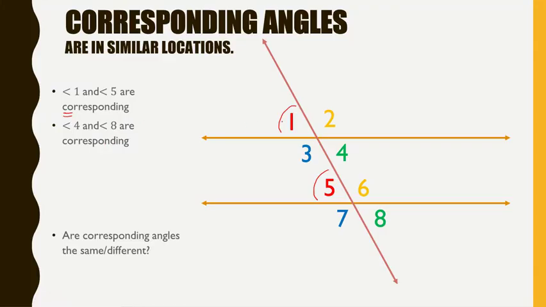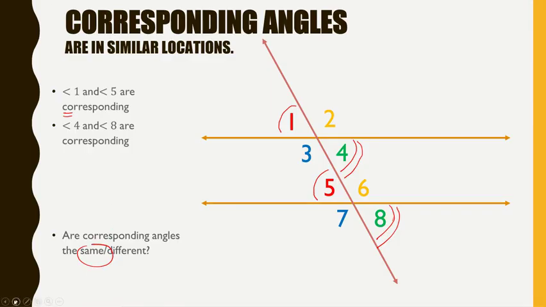They are on the same side of the transversal, and they also have the same measurement. 4 and 8 are also corresponding angles that are congruent. Are corresponding angles the same or different? They are the same.